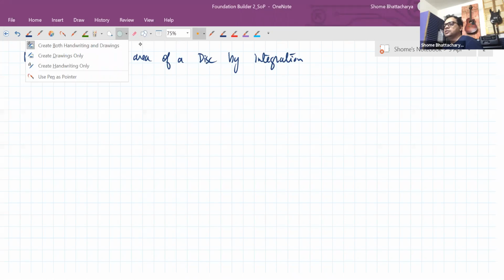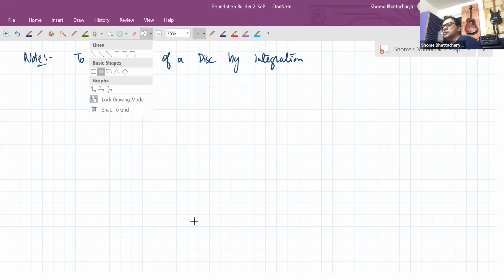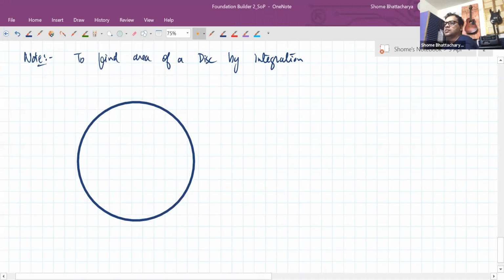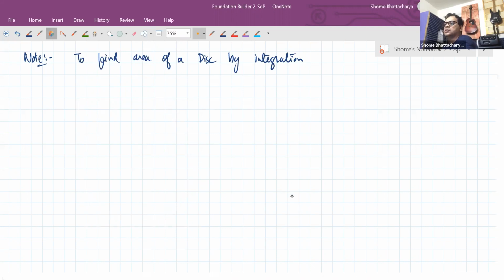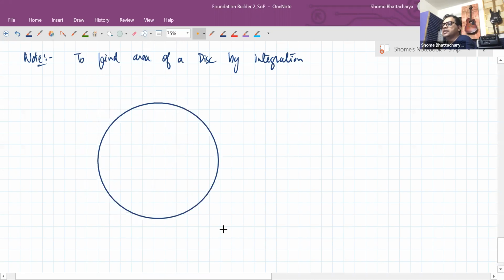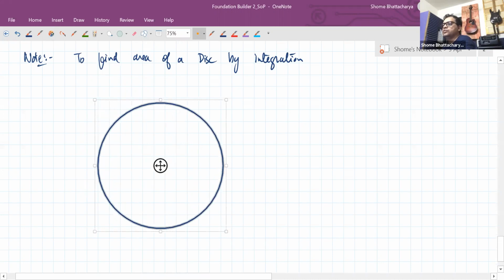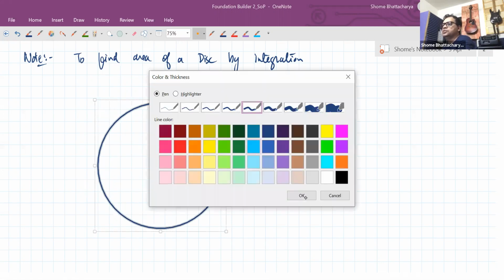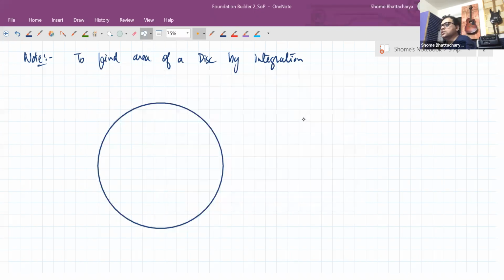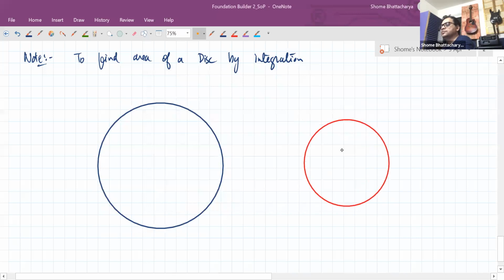So you would have realized what has to be done here. We have a full disk like this. Now next what we should do is we should divide this into rings, thin rings.